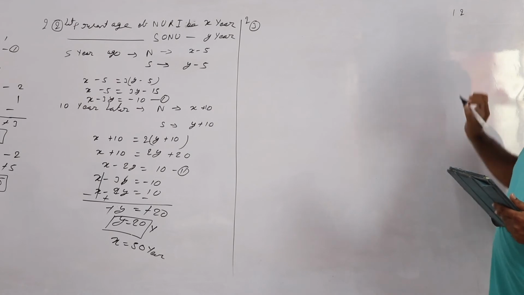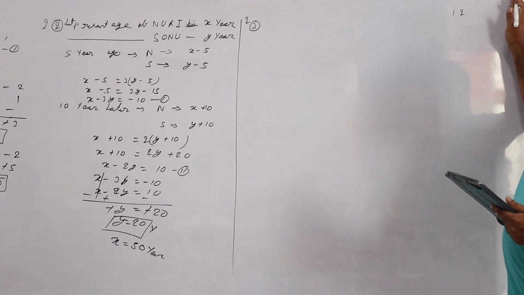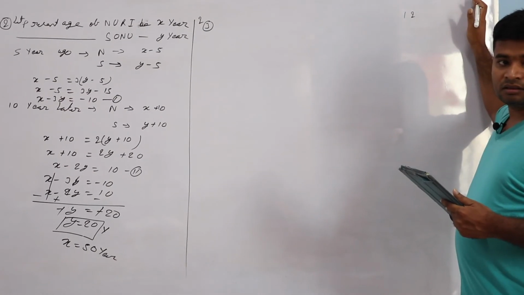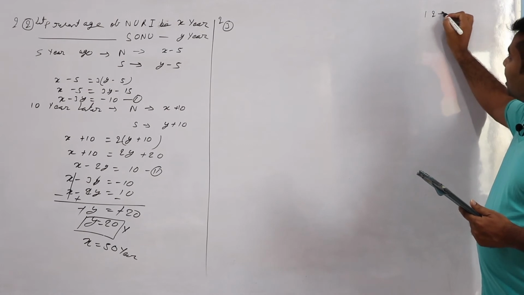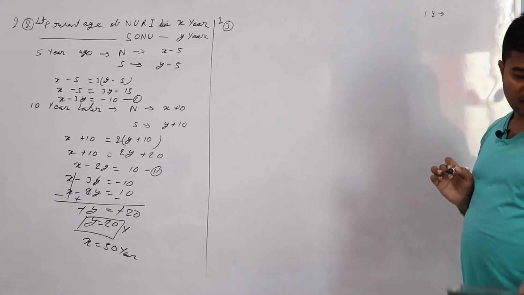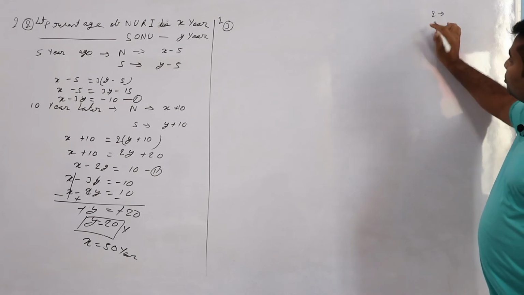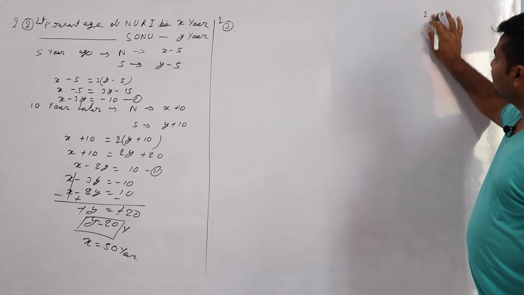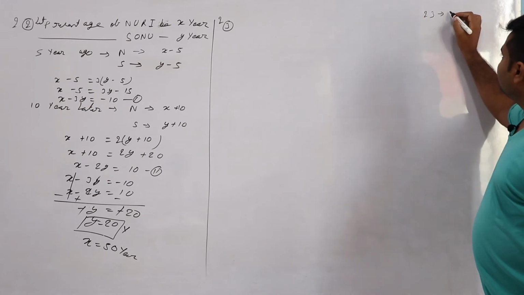How is this 12 made? Or take something like 22 or 23. How is this 23 made?